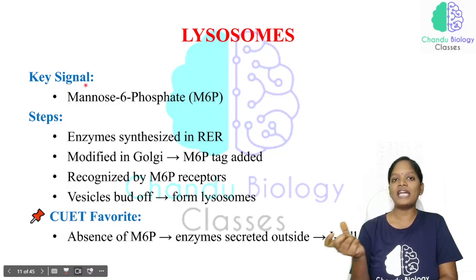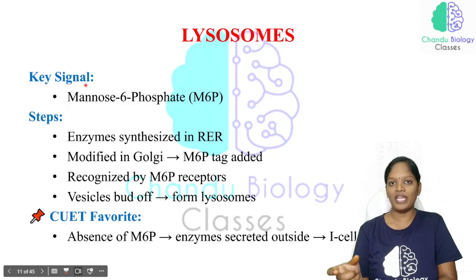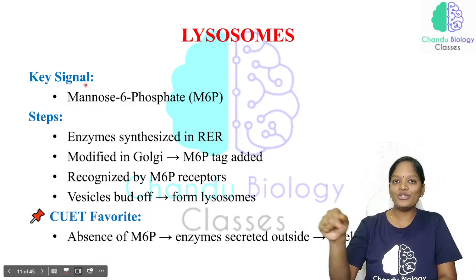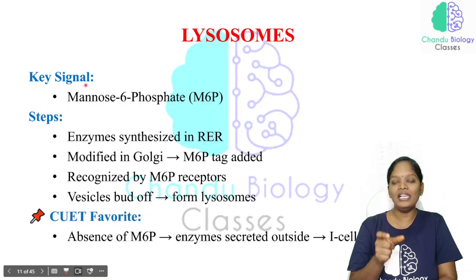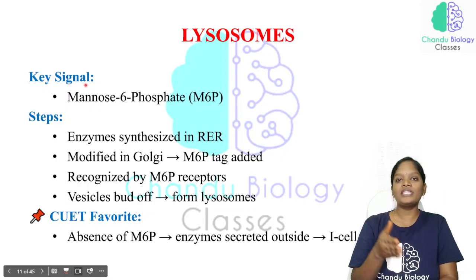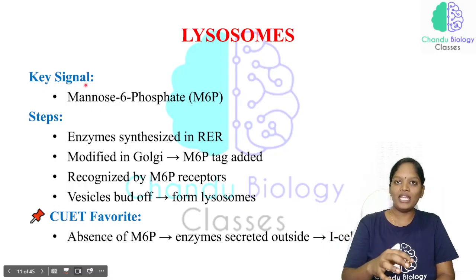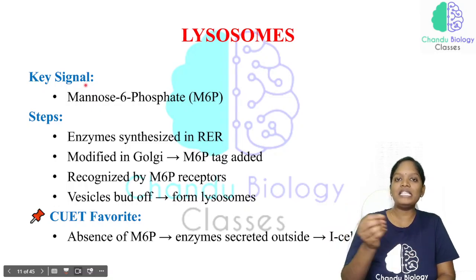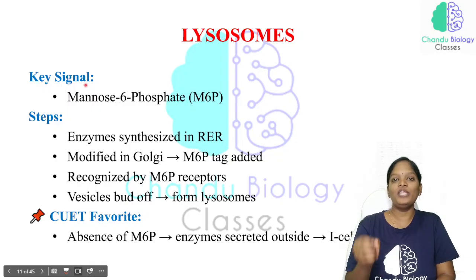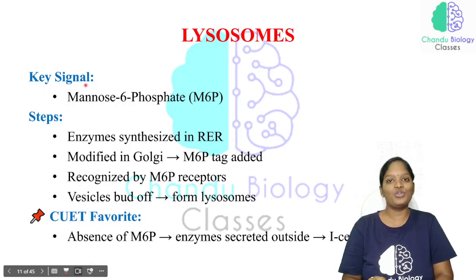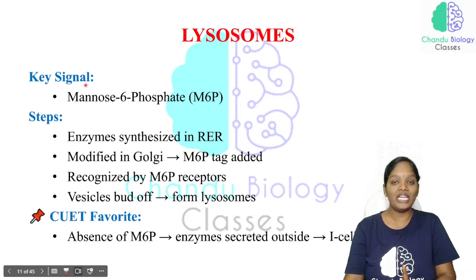Whenever a protein is tagged with mannose 6-phosphate, you should know that this protein is going to the lysosome. This is the signal. From the Golgi complex, if a protein is tagged with mannose 6-phosphate, this protein is destined for the lysosomal organelle. This is very important. Kindly make a note of it.